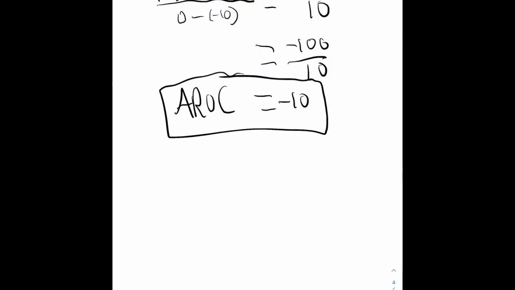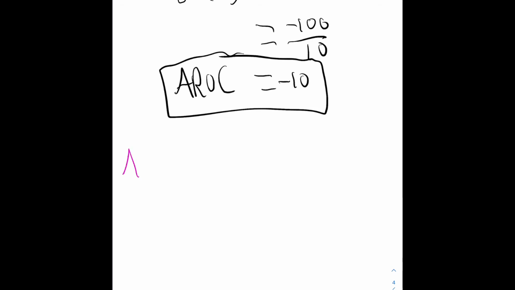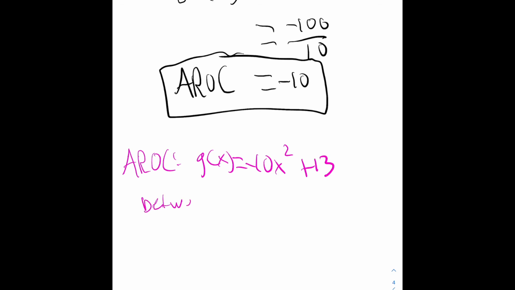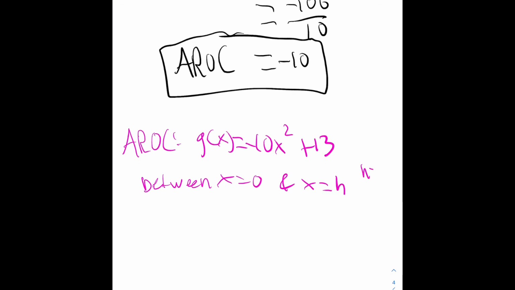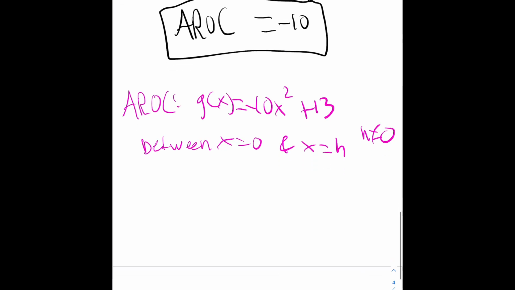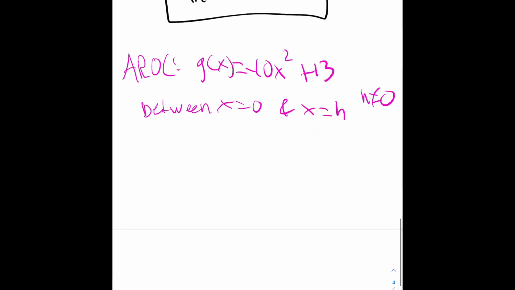Another example to find the average rate of change of g of x equals negative 10x squared plus 13. And again, it's between x equals 0 and x equals h. And of course, h cannot equal 0. So again, using our formula, f of b minus f of a all over b minus a, let me do some side work.